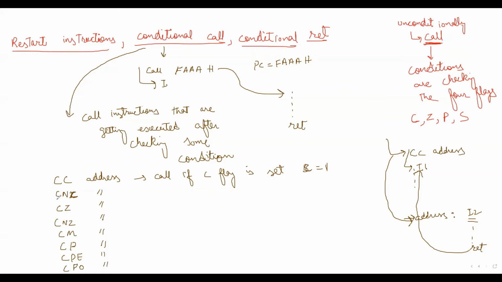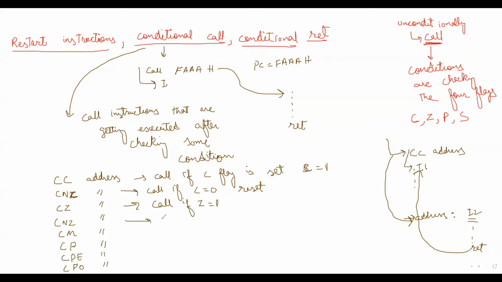So what is this? This is a conditional call CNC. This is call if carry flag is reset, so that means carry flag is 0. This is call if zero flag is set.